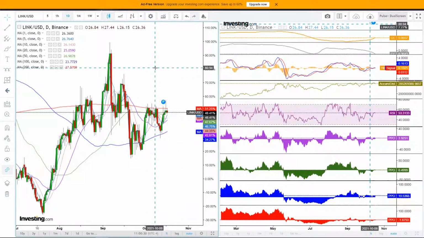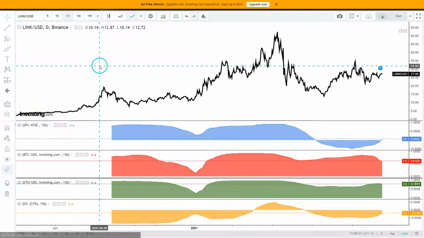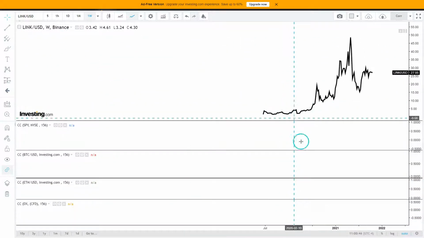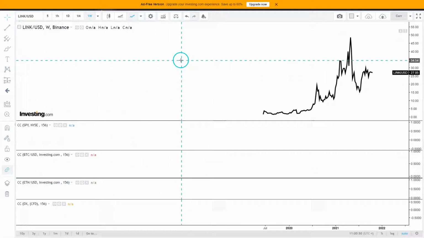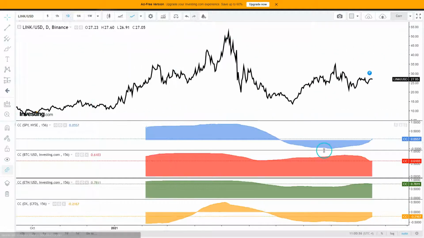Let's look at other things. Here are statistical correlations between Chainlink and a bunch of interesting indexes. On long-term weekly data points with the S&P 500, Bitcoin, and Ethereum, we don't get any data because we don't have a sufficient number of data points to analyze.